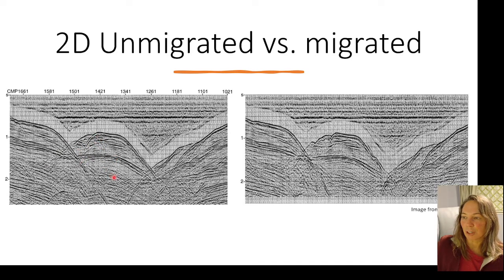That's a very typical artifact that we see in unmigrated data. You sometimes still get these diffractions a little bit in migrated data. If you see them, this is not geologic information, so these are things you want to be aware of so that you don't incorporate them into your interpretation.